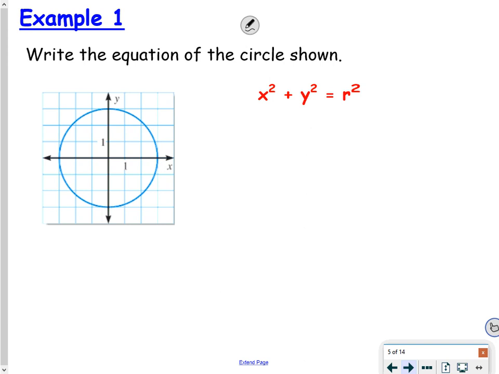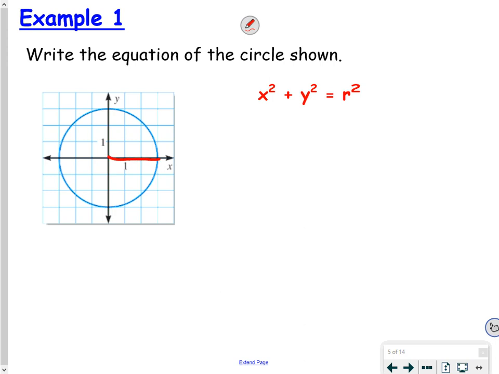So for writing the equation of the circle, one point to point out would be the center point. Notice that it is on the origin. We could easily find the radius more simply than doing anything else like finding diagonals. We just find that horizontal or vertical segment to find the radius.